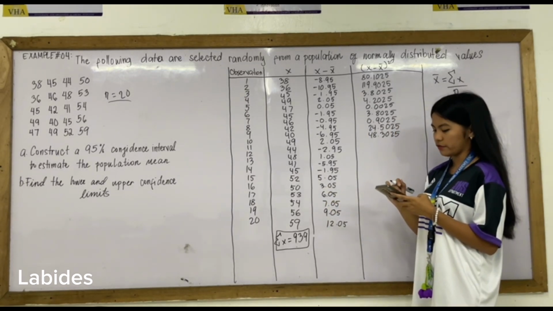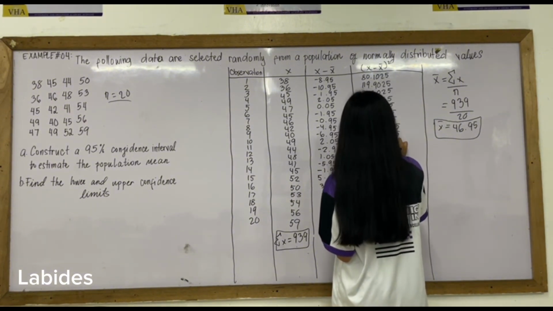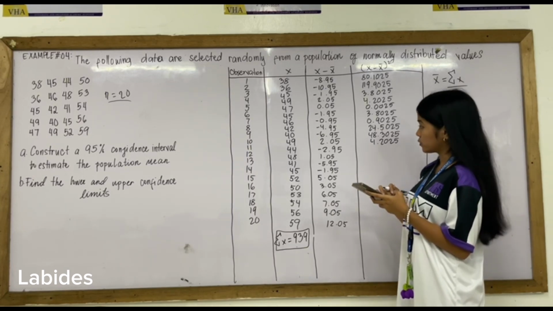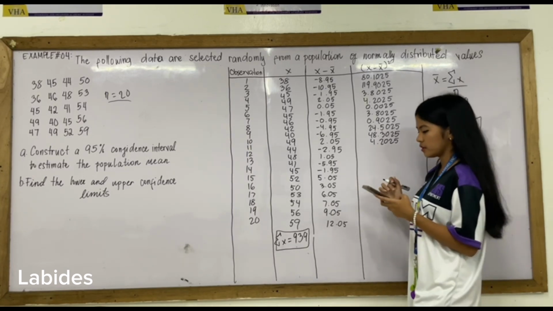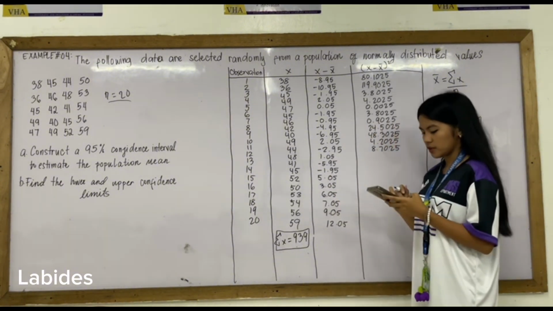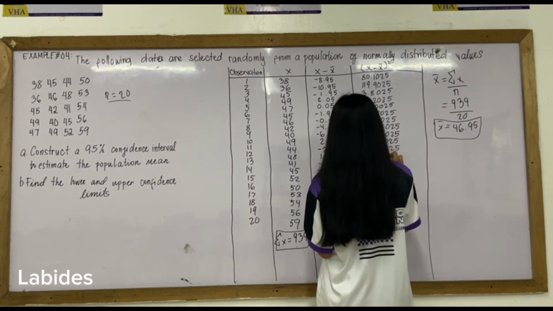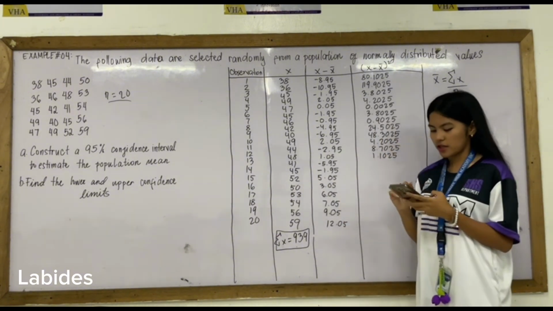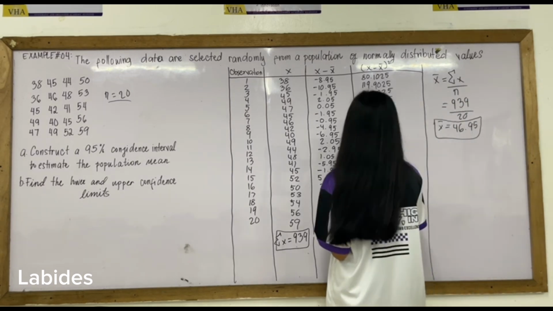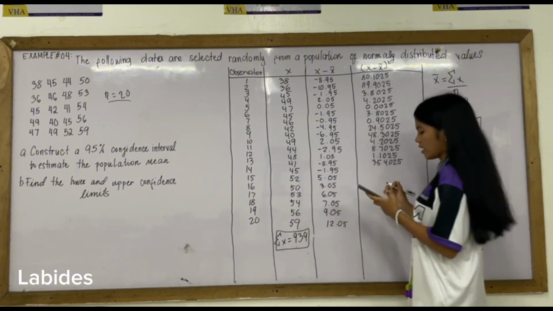Next is 2.05 squared, 4.2025. Next is 2.95 squared, 8.7025. Next is 1.05 squared, that is 1.1025. And then we have 5.95 squared, that is 35.4025.